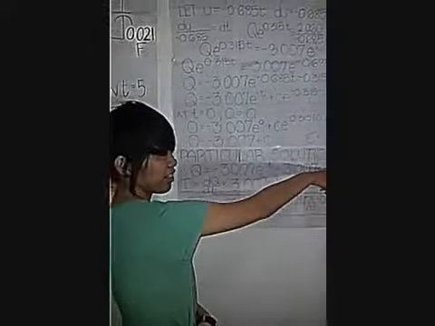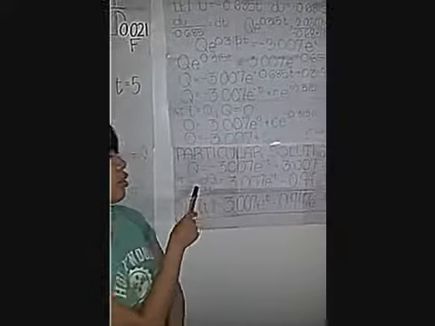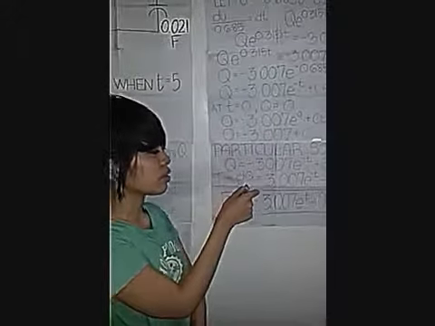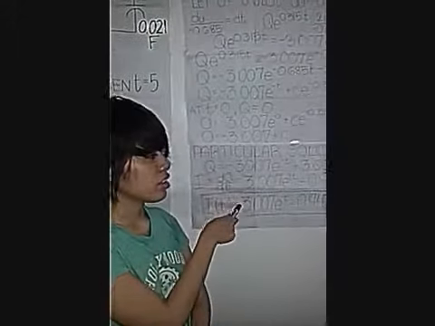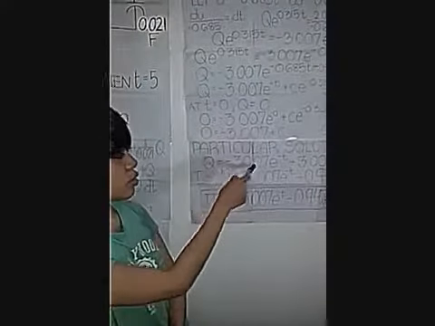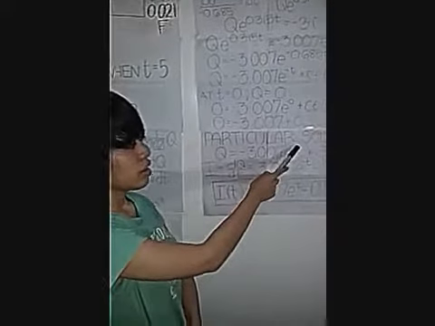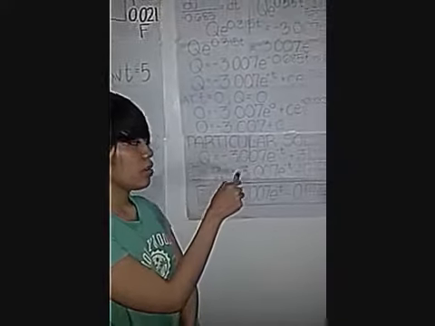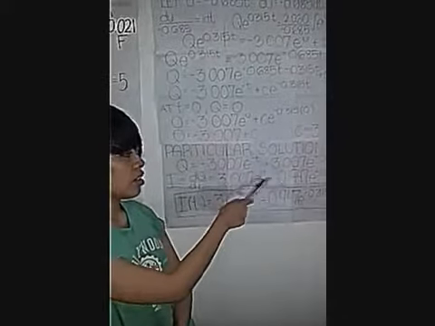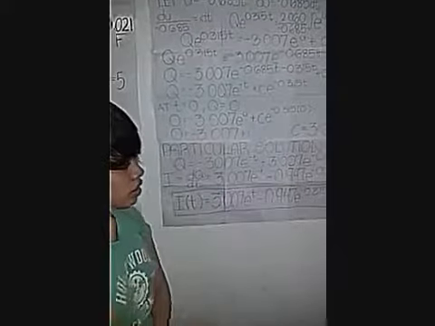Then, we get the I using the equation, the derivative of q with respect to t. So, the derivative of q, the negative times the negative will be positive 3.007 e to the negative t.